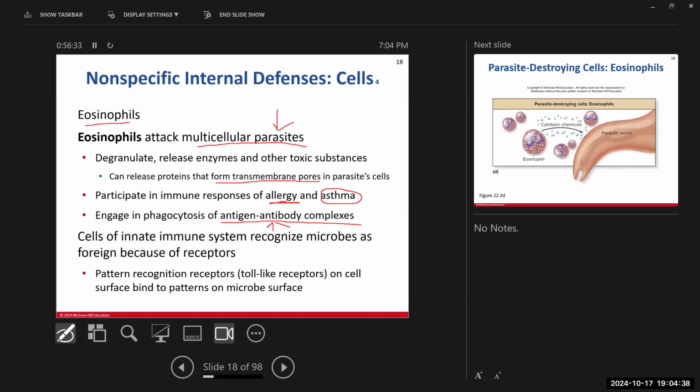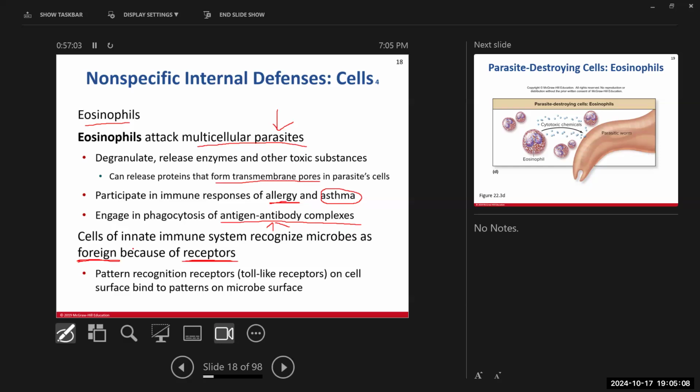Okay, so how does this all work? How do these cells know if the pathogen or whatever it is evaluating is self or non-self? Well, they look at the cell or the structure to see if the receptors on it are foreign, or if they recognize it because it's part of your body.